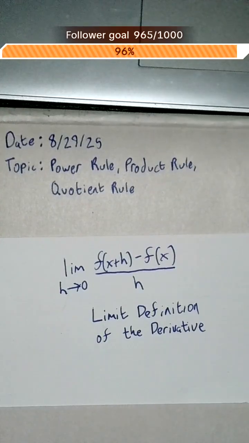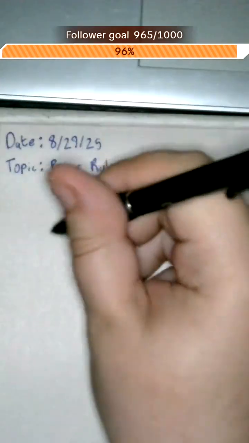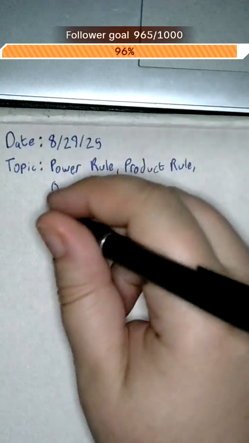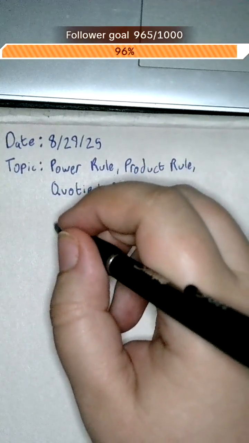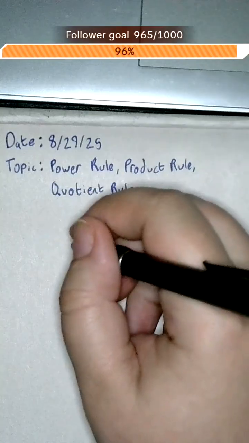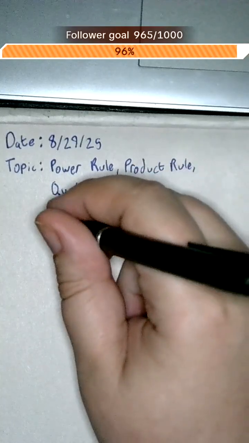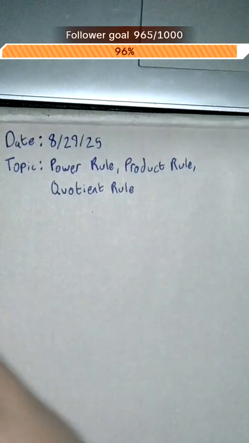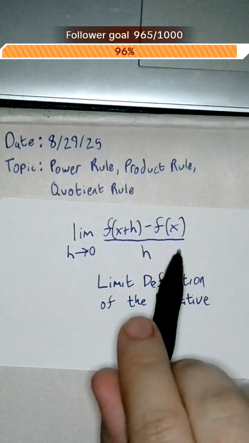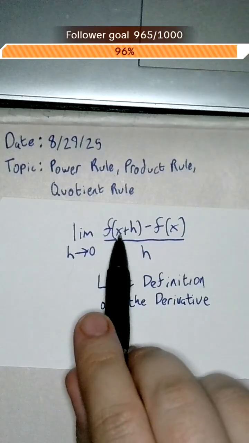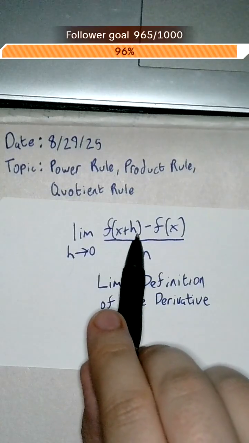Remember that our tangent line is essentially the slope of the secant line, but where we touch at one point. So x is our starting point, and x plus h is our starting point plus a tiny offset.